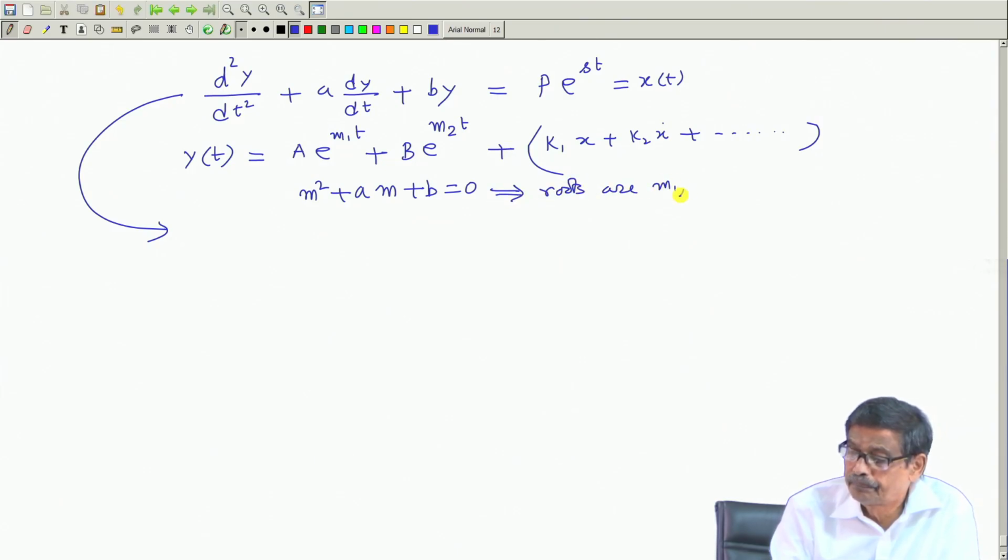So, this natural response will be there, whether or not there is a forcing function.